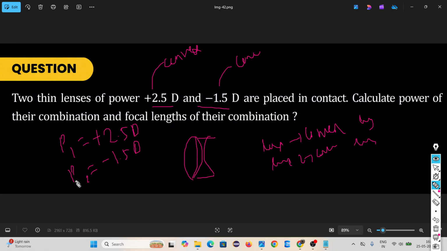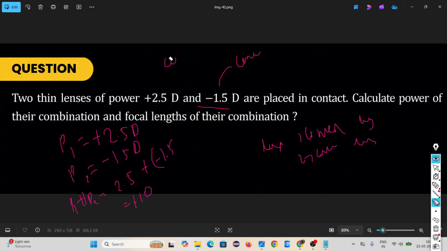Calculate the power of their combination in total. P1 plus P2 equal to 2.5 minus 1.5, it will be 1D. This is the total combination, plus 1D.